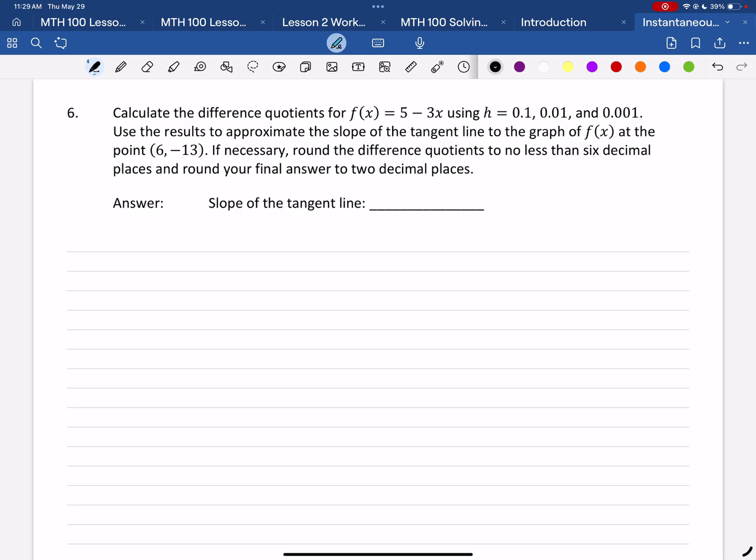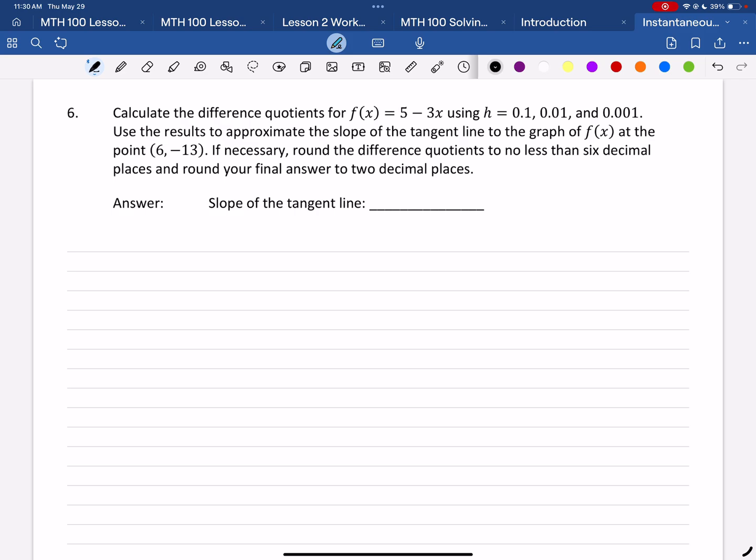Use the results to approximate the slope of the tangent line of f of x at the point 6, negative 13. If necessary, round the difference quotient to no less than 6 decimal places and your final answer to 2 decimal places. Okay, so let's do this and then we'll see what kind of conclusions we can come to.